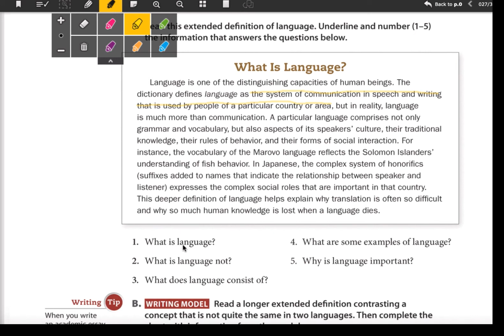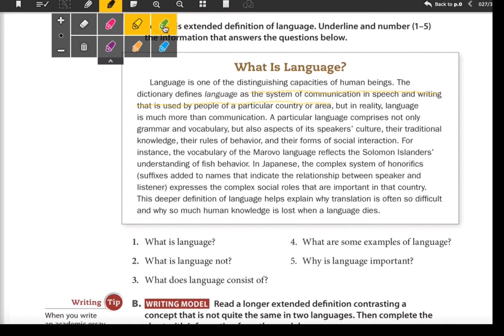That's what language is. Now I stopped there because it transitioned to, but in reality. That means that there is something that is more. That is not just a system of communication, but there's much more to it. So that's going to help me answer what is language not.